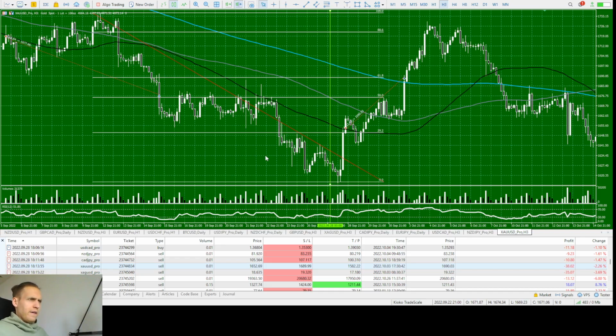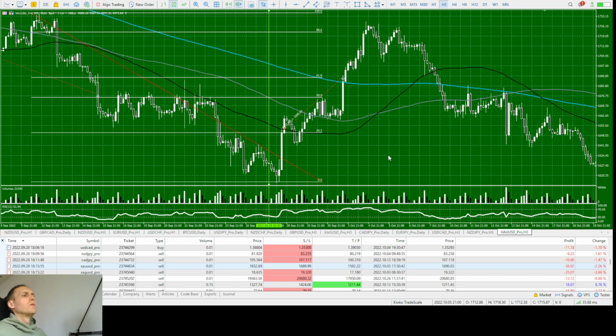A very strong rejection from that level, way stronger than those previous, which could suggest change in the trend. Instead, I was trying to short it. I wasn't paying attention to details in the price action itself.